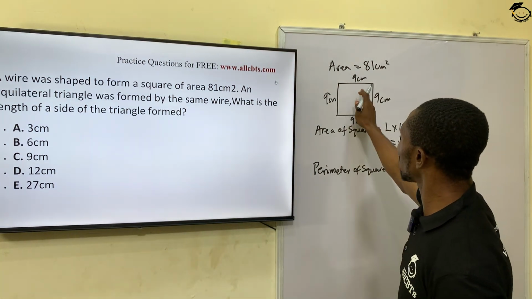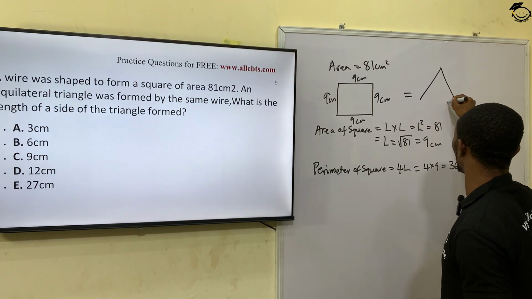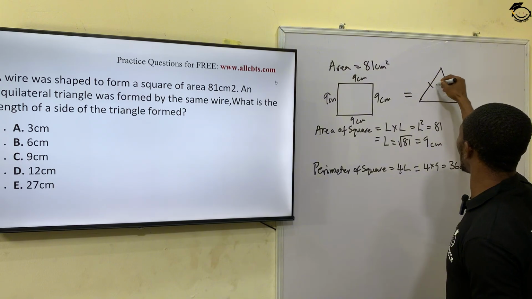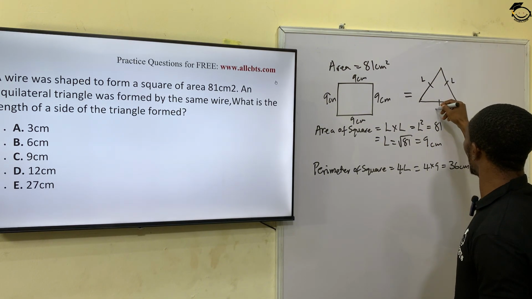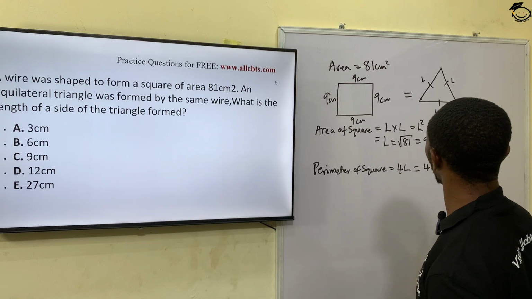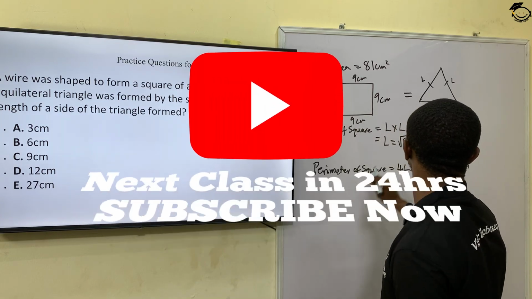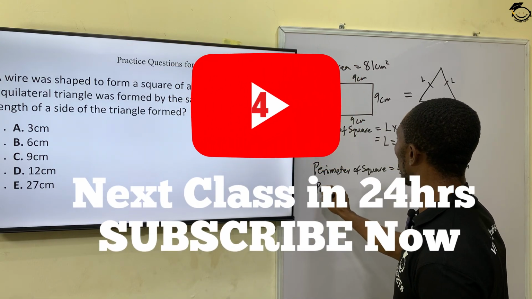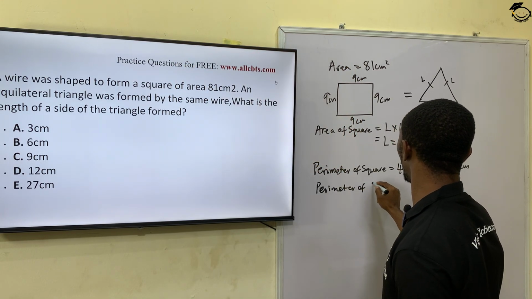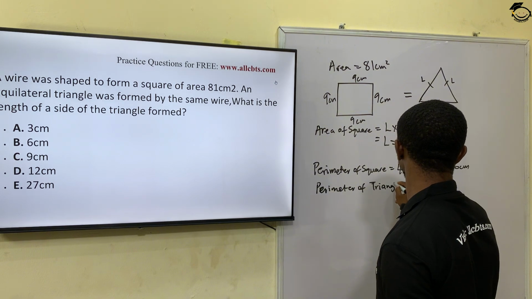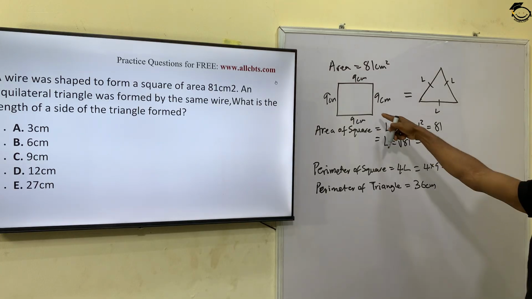Now, since this wire was now shaped to form an equilateral triangle whose sides are all equal, the 3 sides are equal, so you can have this as L, L, L. Now, for us to find the length of our triangle, the perimeter of the triangle equals 36 centimeters, which is the perimeter of our square.